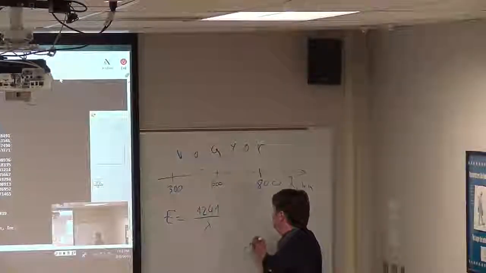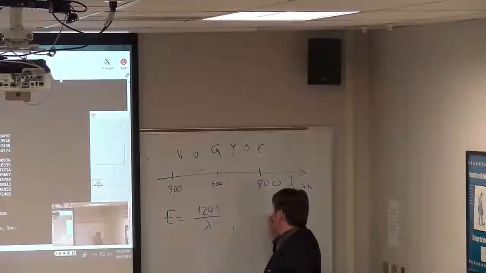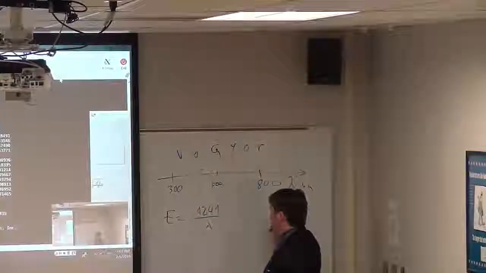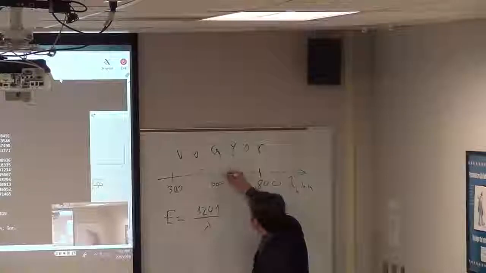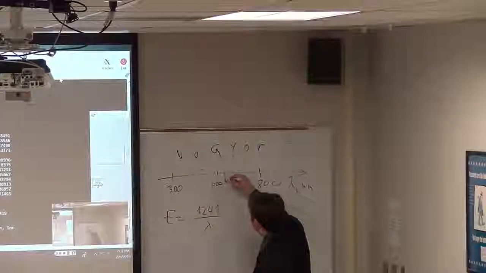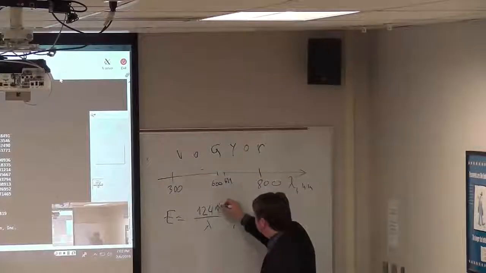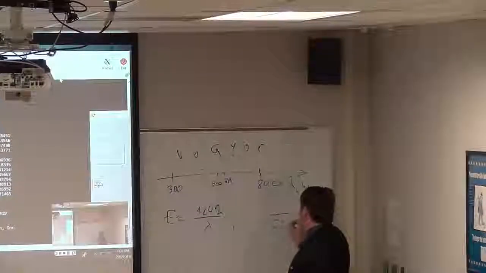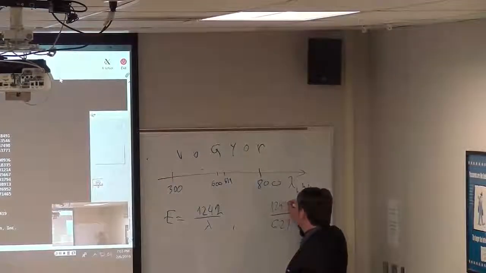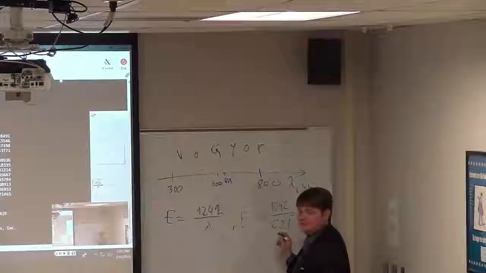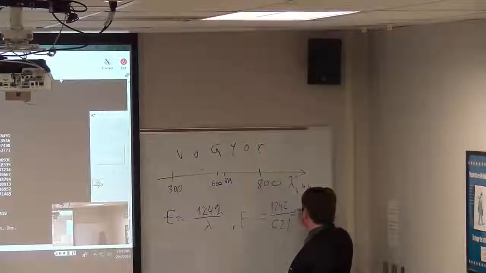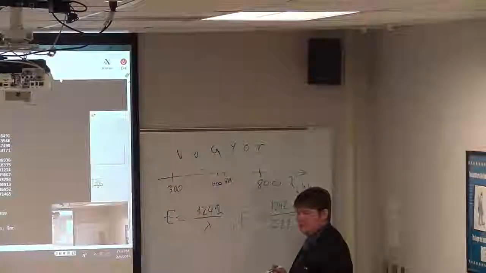So if the wavelength is, let me make it simpler, 621, what will be the energy? 2 electron volts, right?